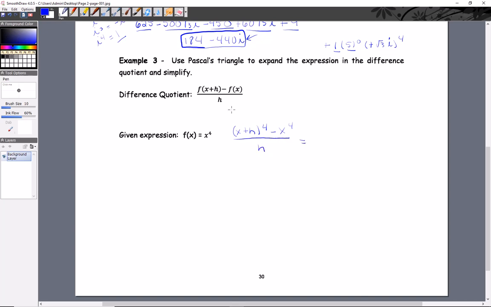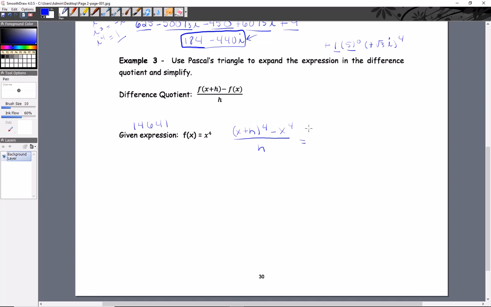So all you need to do is expand this, and knowing how to do that from the sense of a binomial expansion is really useful. So again, raising to the 4th power, it's a Pascal's row 1, 4, 6, 4, 1. Okay, so here goes.